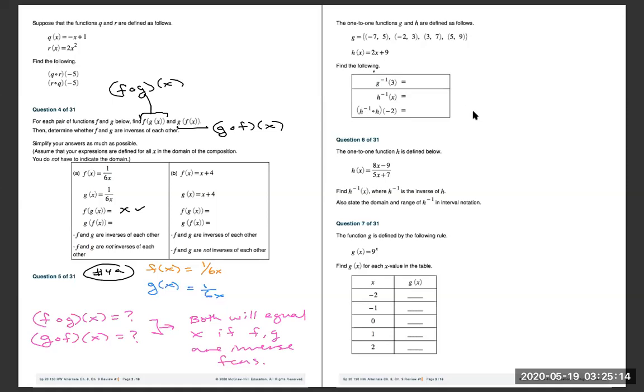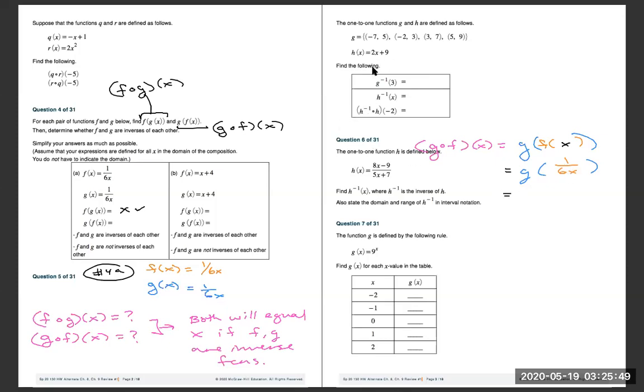So g composite f of x is equal to g of f of x, which is the same as g of f of x is 1 over 6x.